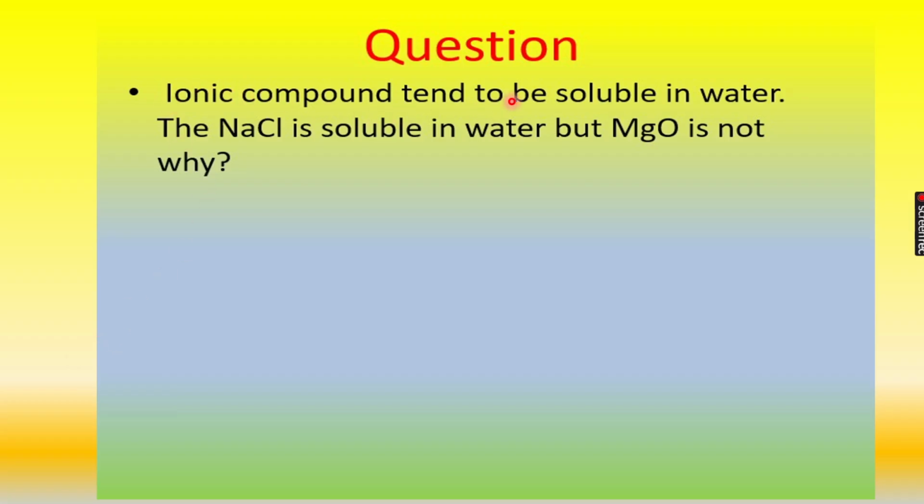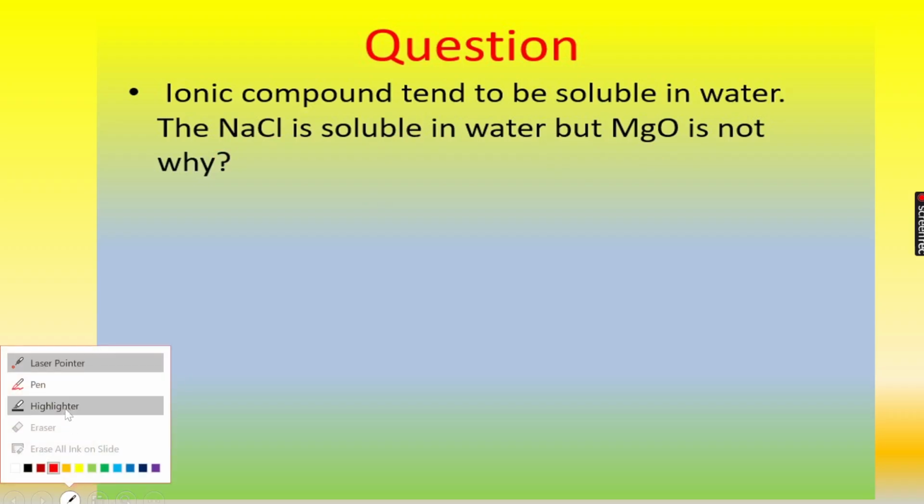Ionic compounds tend to be soluble in water. NaCl is a kind of ionic compound, is soluble in water, but MgO is not. Why? So I want to answer why NaCl is soluble in water and MgO is not. Let's get started.